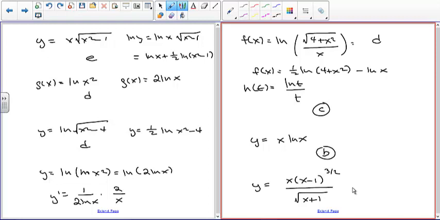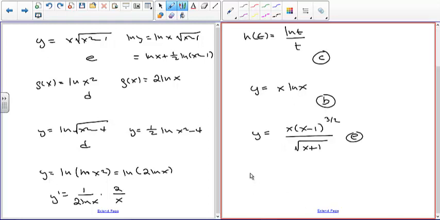And then this one would be E, because I don't have a logarithm, but I can use the properties of logarithms to simplify the right-hand side. So what you would have is the natural log of x plus 3/2 times the natural log of x minus 1. So what you do is this would be added because it's in the numerator, but you could take the exponent out, and then you would subtract this one, and you'd raise this to the half power, but you could pull that half out front.